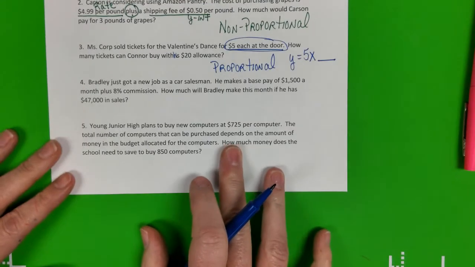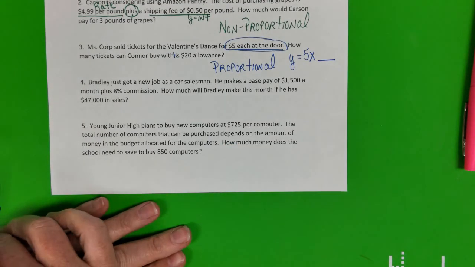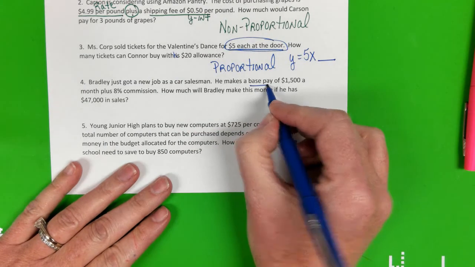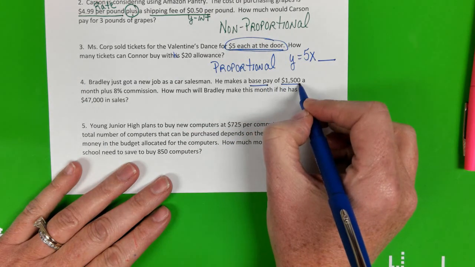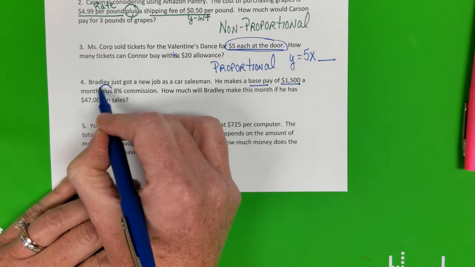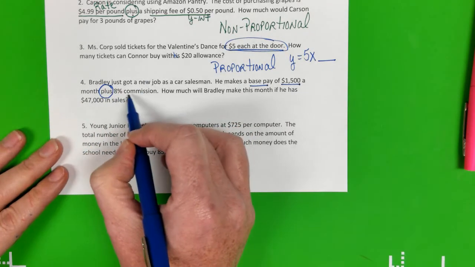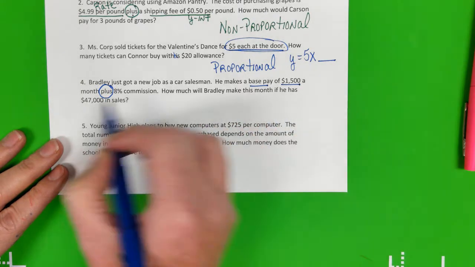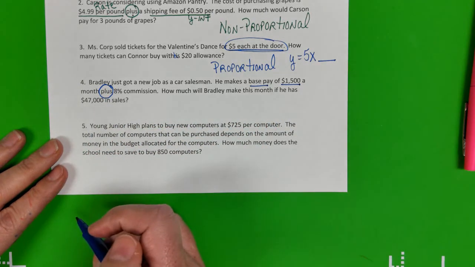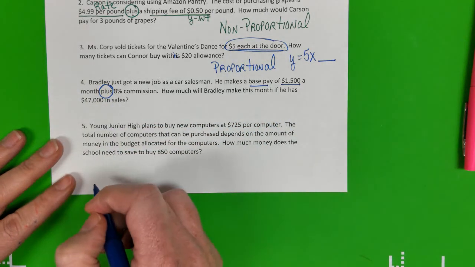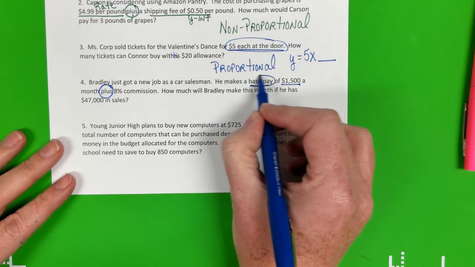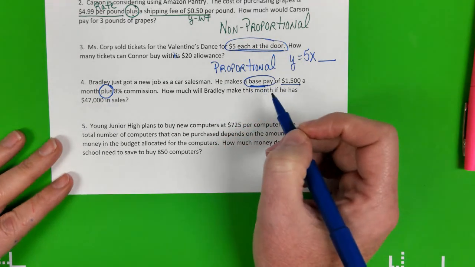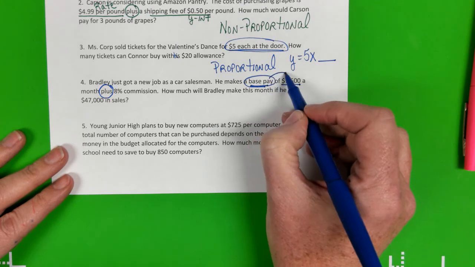Okay, Bradley just got a new job as a car salesman. He makes a base pay of $1,500 a month plus 8% commission. How much will Bradley make this month if he has $47,000 in sales? So there's that word plus. The base pay, that's a word that's also going to indicate a y-intercept.